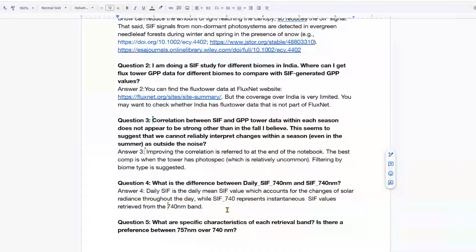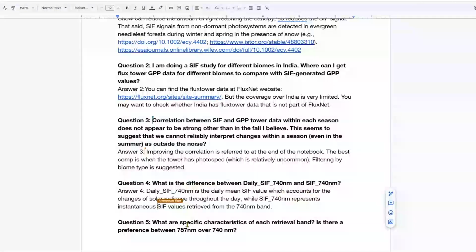Daily SIF is the daily mean SIF, so it's the average value, which accounts for changes in solar radiance throughout the day, while SIF 740 is the instantaneous SIF value retrieved from that specific 740 nanometer band.